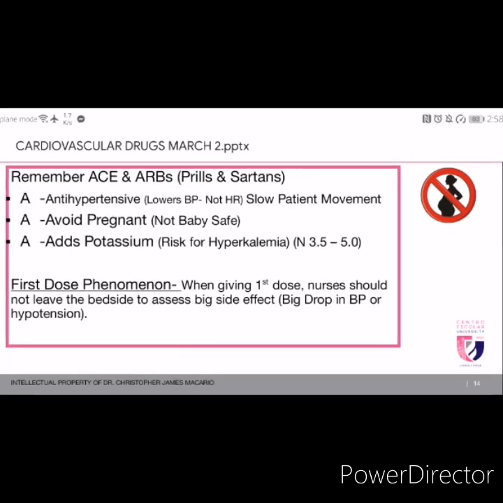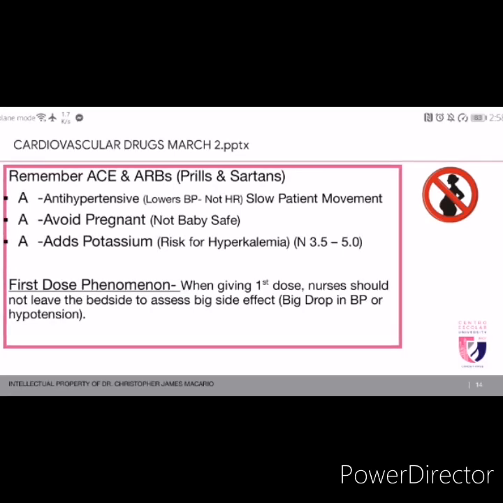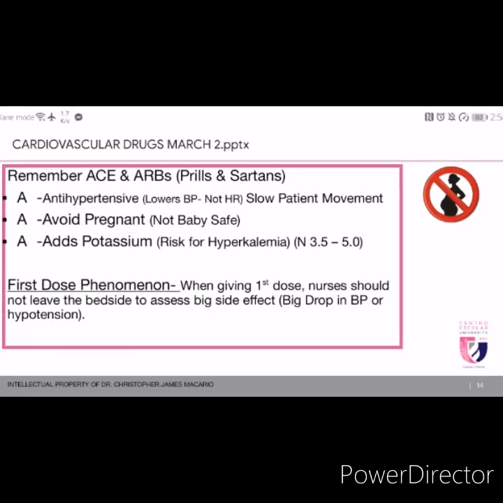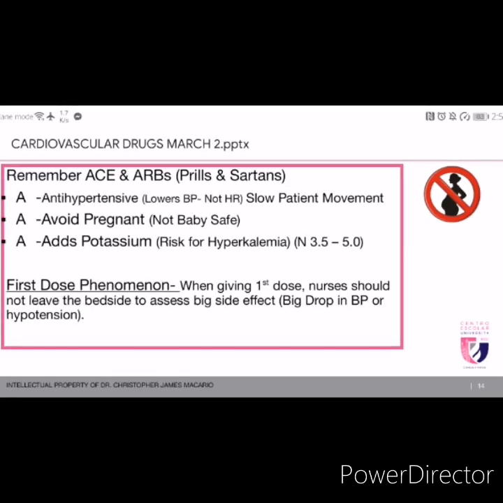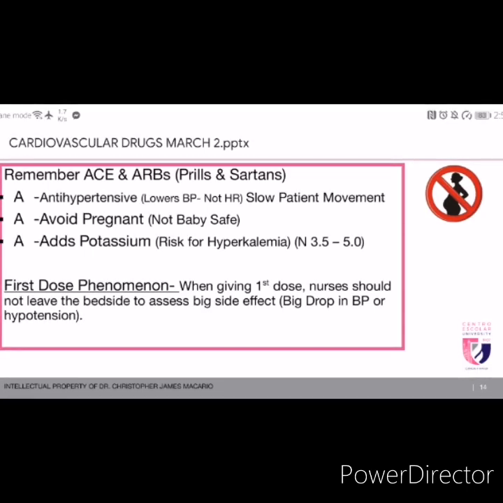Okay, remember ACE and ARBs, or the drugs that end in prils and sartans. Remember the AAA. A for antihypertensive. Ano ibig sabihin yan? It lowers the blood pressure but not the heart rate. So remember that, it also means slow patient movement. Bakit? Kasi nga usually kapag antihypertensive, bumababa nga yung BP. So what happens?